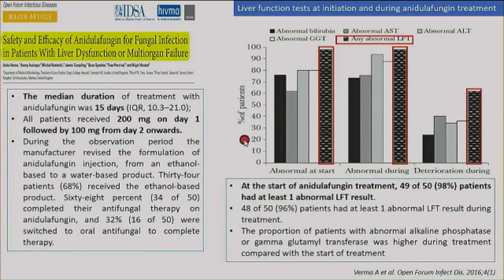The mean duration of treatment was 15 days, and all received 200 milligrams on day one, and then 100 milligrams from day 2 onwards. At the start of the treatment with anidulafungin, 98% of patients had at least one abnormal liver function test. Yes, because these are patients with liver dysfunction already.